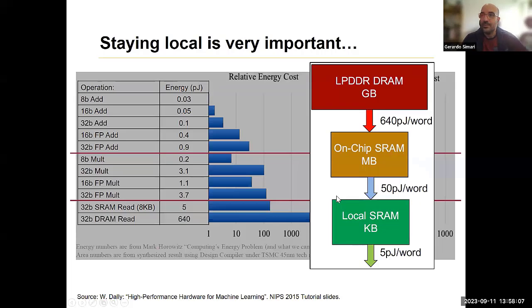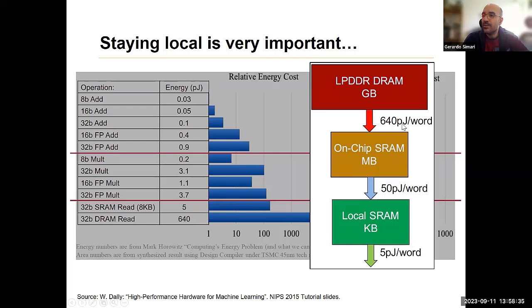So staying local is also very, very important. This is what's going on here. SRAM is local, is on chip. So this is what's going on at the level of kilobytes in modern hardware, and you only pay 5 picojoules a word, so a word would be 64 bits in most modern systems.